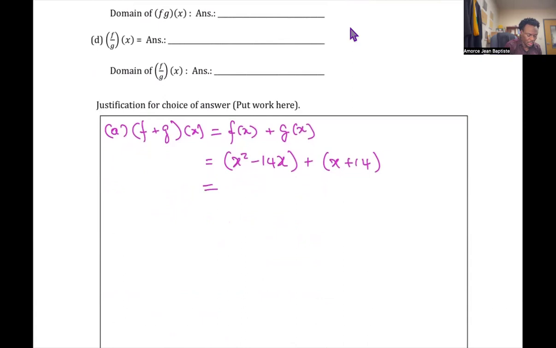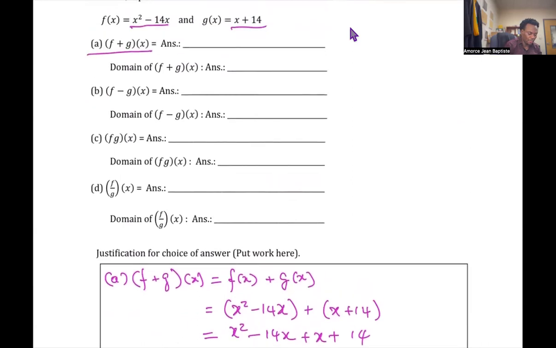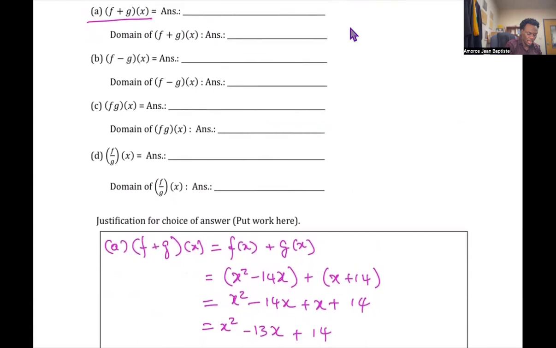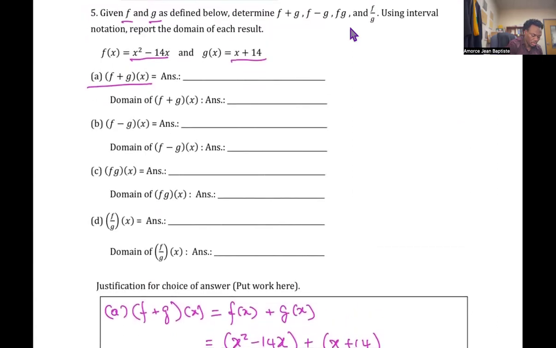We don't need the parentheses really, so that's x squared minus 14x plus x plus 14. Combine like terms, x squared minus 13x plus 14. So f plus g of x is x squared minus 13x plus 14. Because this is a polynomial function, the domain will be all real numbers, which means from negative infinity to positive infinity.